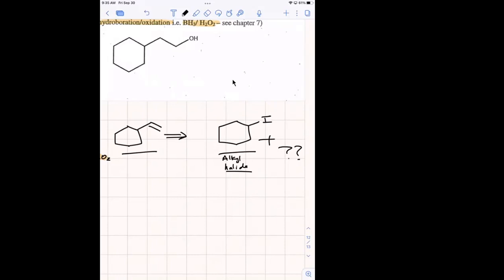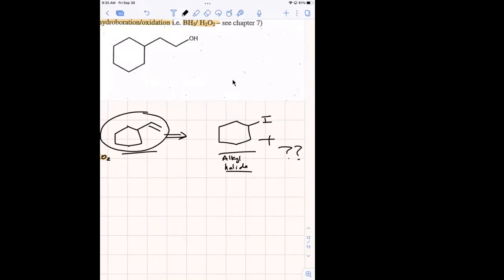Think about it. Think about what we've been studying. Actually, we just talked about it 30 seconds ago. We have an alkyl halide. What can I add to that alkyl halide to make this product right here? Is there an oxygen in that product?